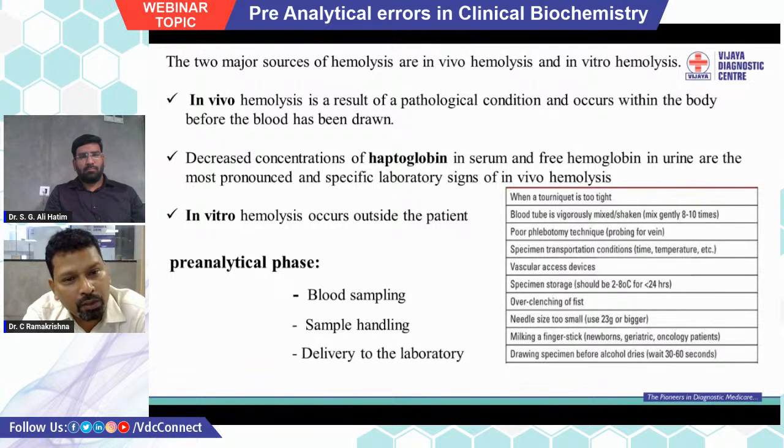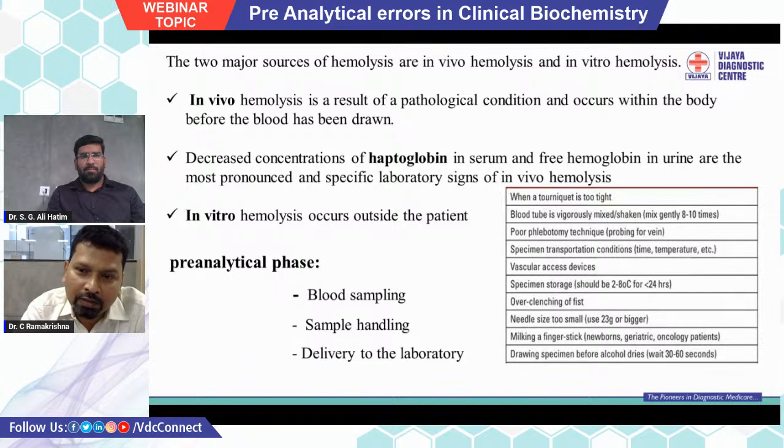Whereas in vitro hemolysis occurs outside the patient. Whenever the sample is collected improperly, it leads to lysis, and then it is called in vitro hemolysis. The pre-analytical phase consists of blood sampling, sample handling, and delivery to the laboratory.